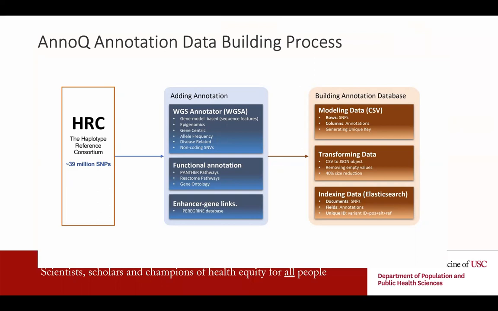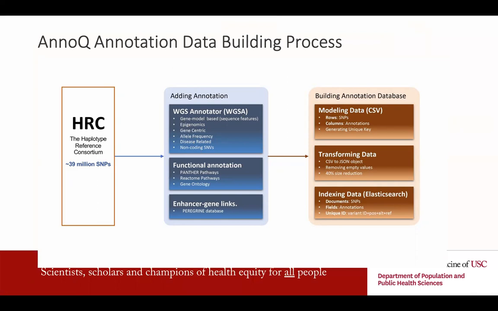But it's still possible to do. And then we annotate those, like I said, first with WGSA. It has tools to provide gene model annotations, epigenomics, gene-centric, allele frequency, and disease and non-coding, a lot of others.